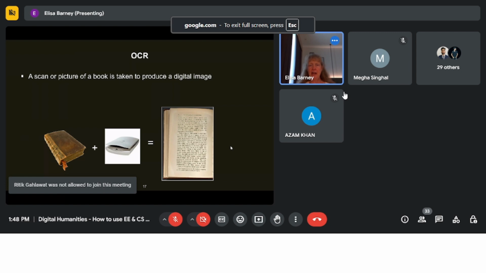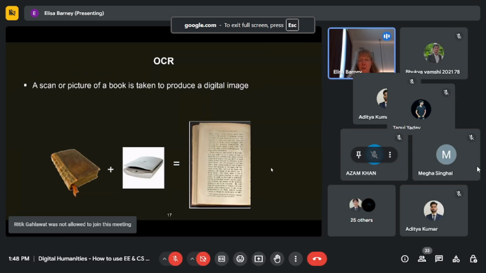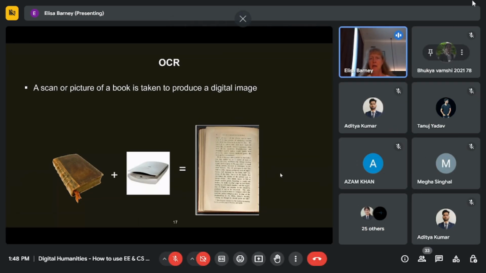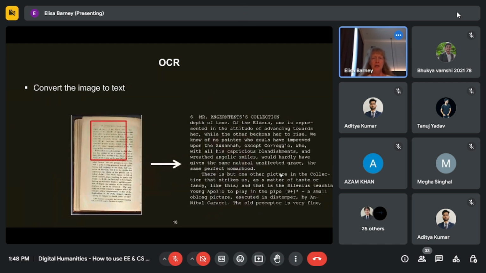Okay, great. We've been able to capture what's in that physical book in an electronic form, but that picture by itself is not very useful. So what we'd really rather do is take that picture and convert it into the text, so we know what letters and words are there, and we can then extract meaning from them.